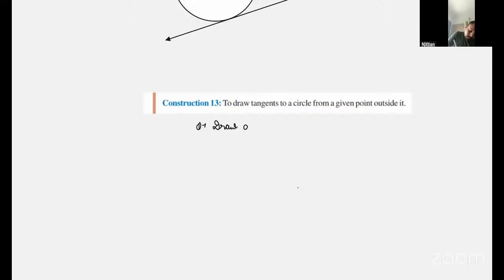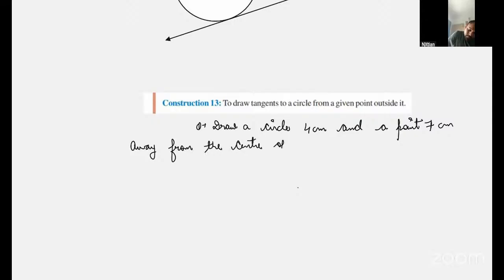draw a circle of 4 centimeter and a point 7 centimeter away from the center of the circle, and draw tangents through it.